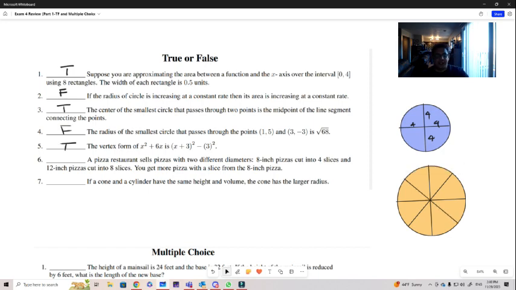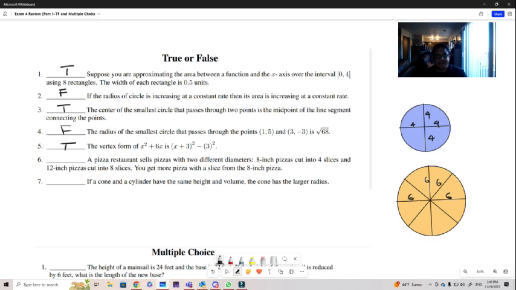And so what we claim is that we get more pizza from the 8 inches. Notice that this is 12 inches, so this is going to have radius 6. Each of these radii is 6.